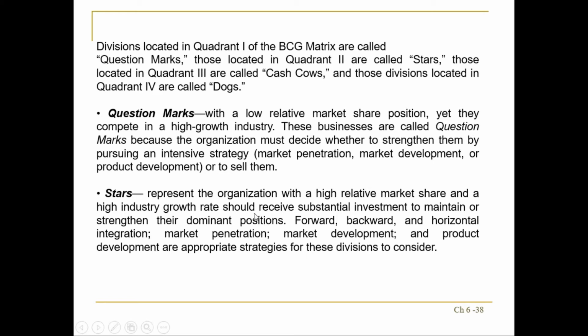The position can be sustained if you go for forward, backward or horizontal integration, market penetration, market development and product development. These are the appropriate strategies for these divisions to consider.